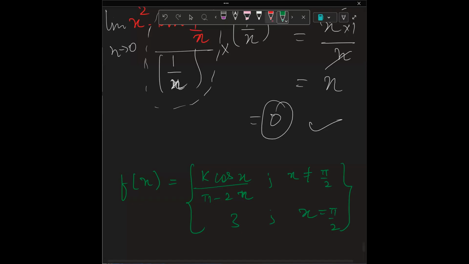So you have to find the value of this k.